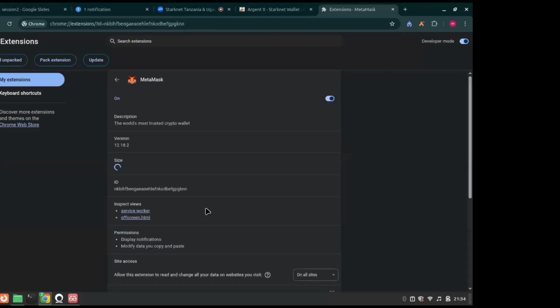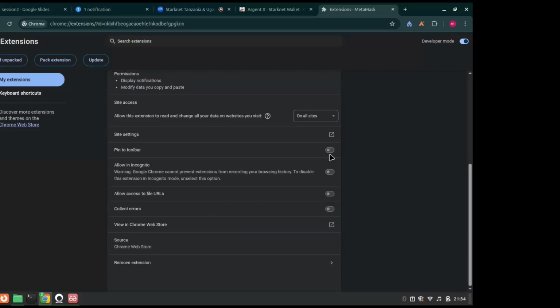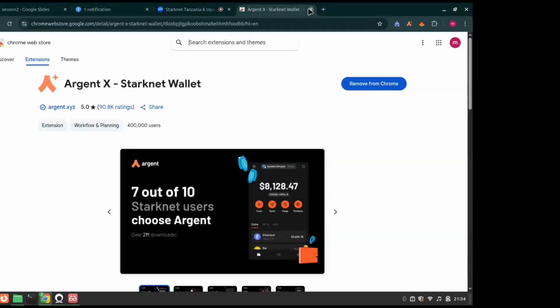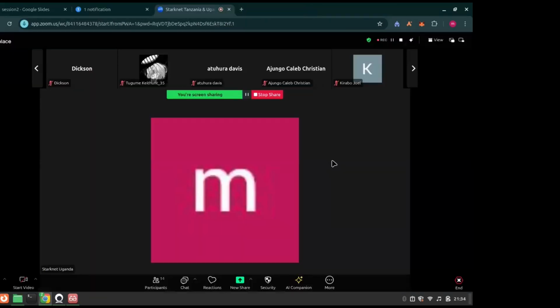So I've realized I have my MetaMask wallet there as well. I'm going to show us the difference between these wallets and MetaMask, and what's the special bit. Guys, can you try to install your wallets, or maybe you can do it after the session, but that's how you do it.